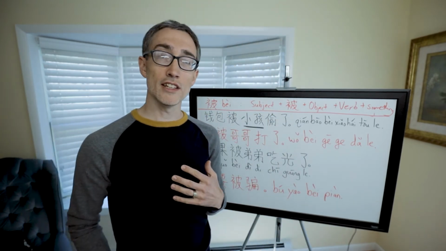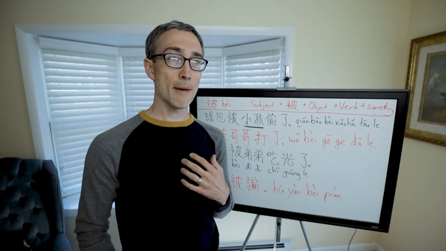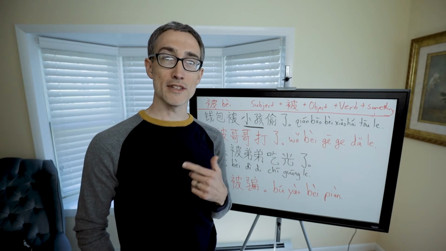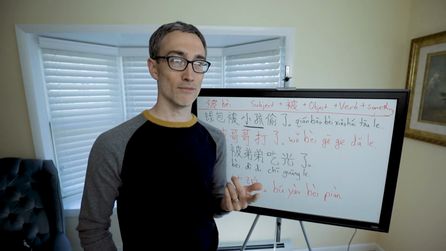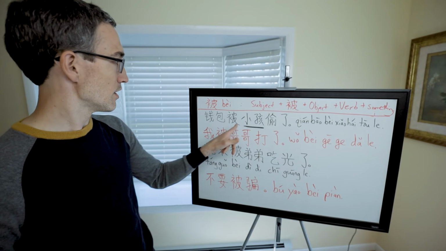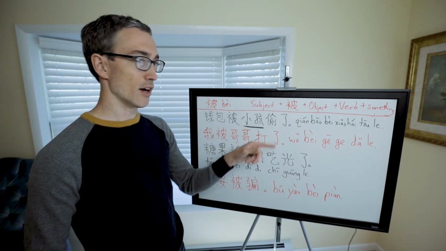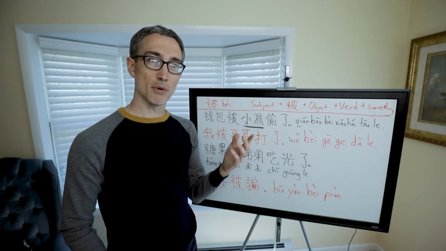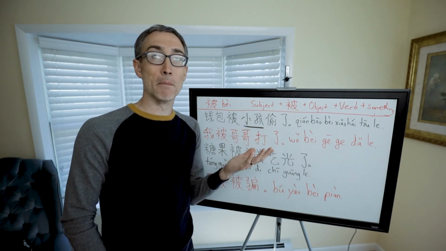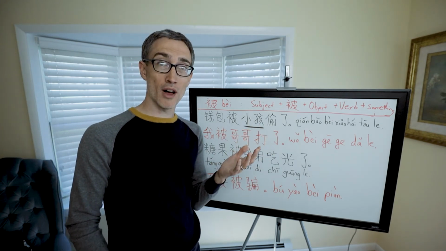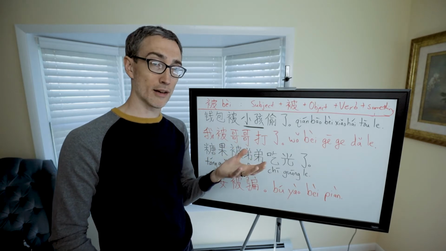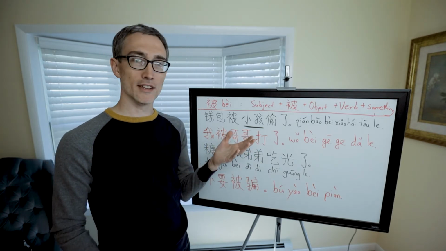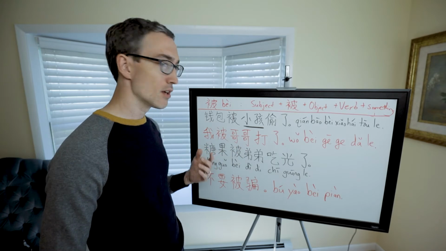It's also very convenient to talk about something happening to something without having to specify who did the thing. If I take away 小孩, 钱包被偷了. It's very convenient to say my wallet was stolen, and I don't have to say by somebody or somebody stole my wallet. It's just convenient to talk about what happened rather than who did it.